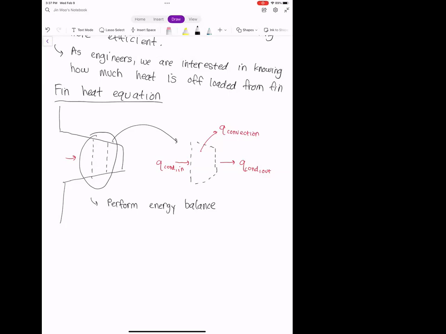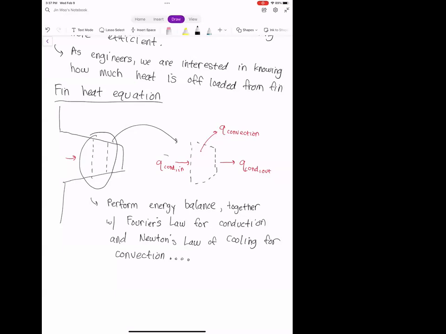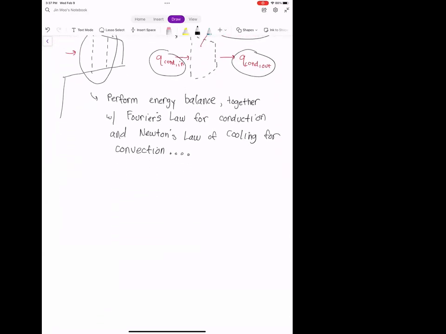Okay, and so if we perform that energy balance together with Fourier's law for conduction and Newton's law of cooling for convection, and we basically plug in for our Q expressions here, then we end up with the following equation. And again, most of these details I'm going to leave out, but I did want to show you how this equation is derived, just because I think it adds some context to the different terms in the equation. All right, and so the ending equation looks something like this.